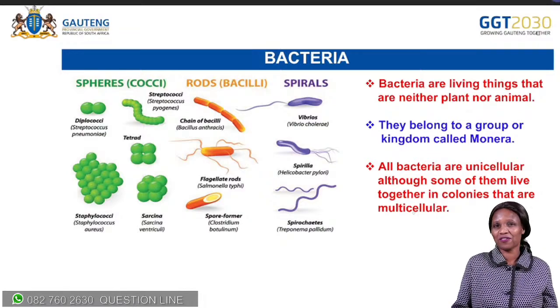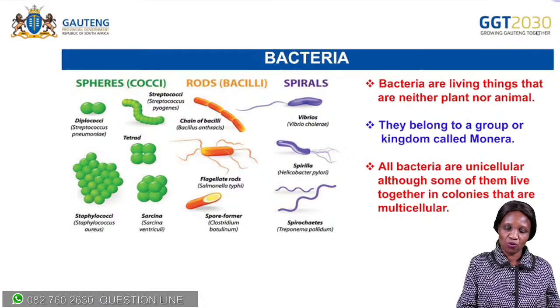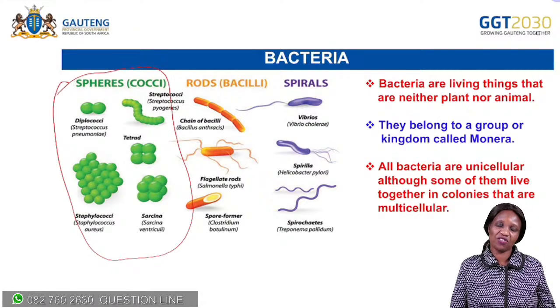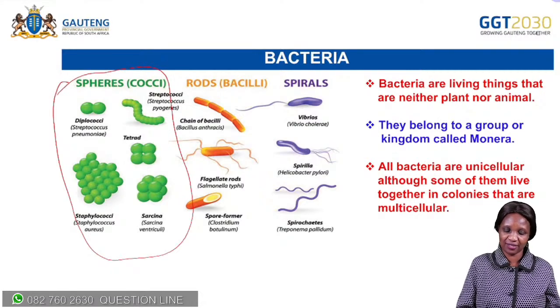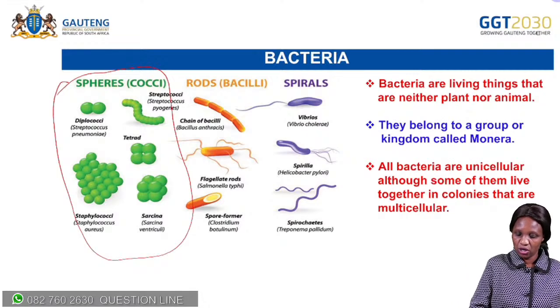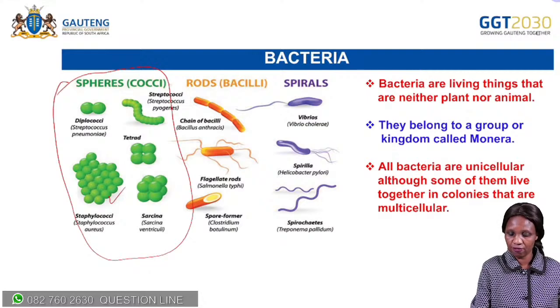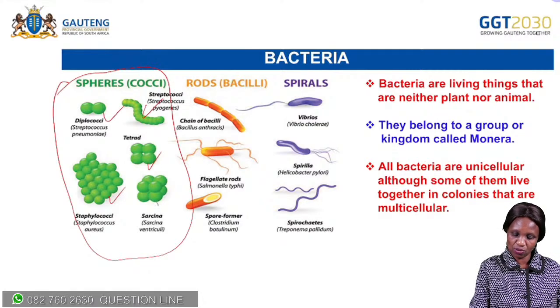And then we've got different types of bacteria. We've got the cocci ones. They look spherical. They are spheres. Okay. Let's look at these different types of bacteria. The spherical ones, these are the spherical ones.